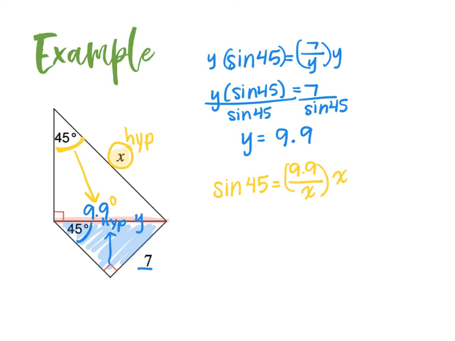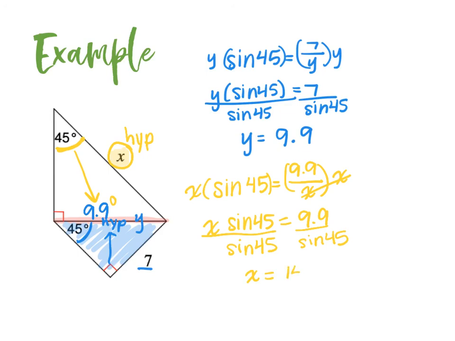Again, x is in the denominator, so I have to get it out of the denominator by multiplying by x on both sides. So x times the sine of 45 equals 9.9. I'm going to divide by the sine of 45 on both sides. So then x equals 14.0. So that's how I would use trig functions to solve for that x.